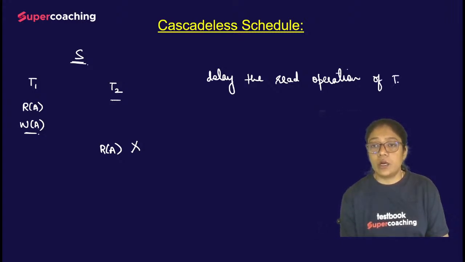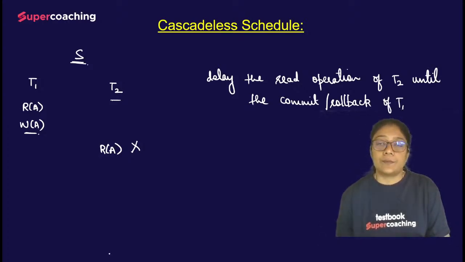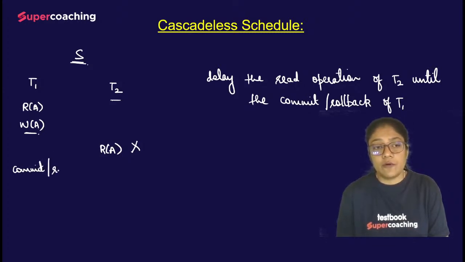of T2 until the commit or rollback of T1. So this is not committed, now it gets committed, it has committed or rolled back.